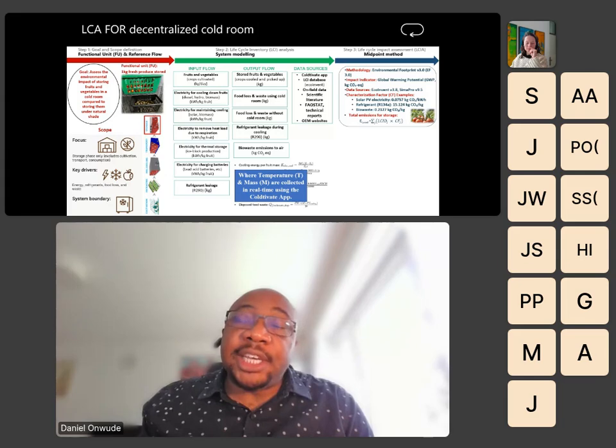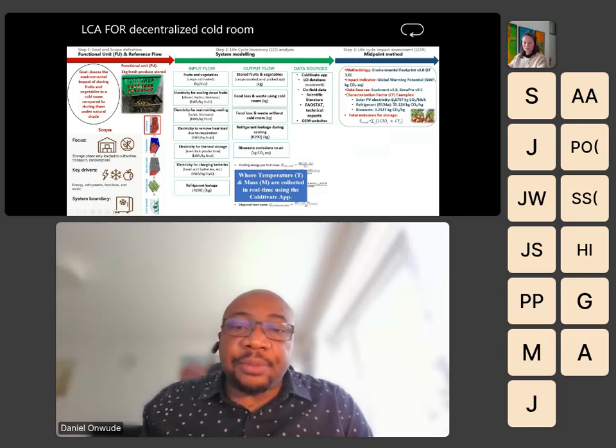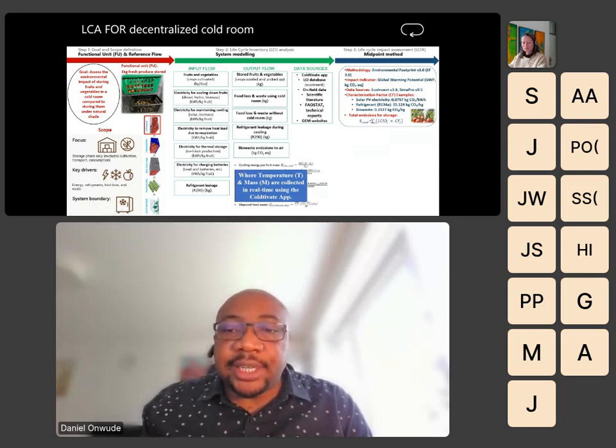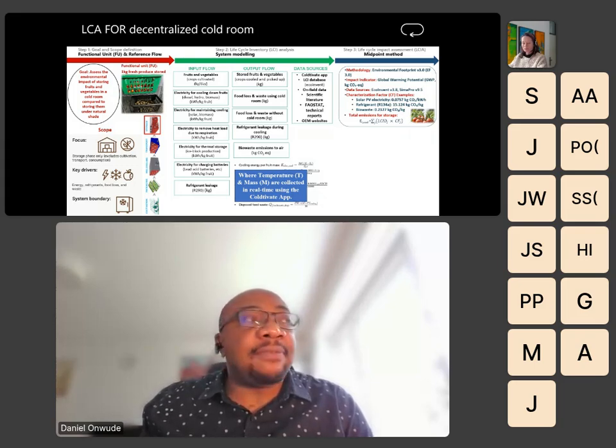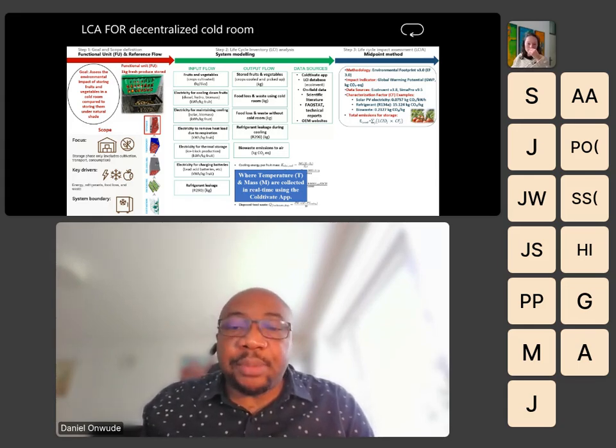So we use the Environmental Footprint 3.0 method from the European Commission's Joint Research Center with data and characterization factors from the ecoinvent version 3.8, which we collected through SimaPro version 9.5.